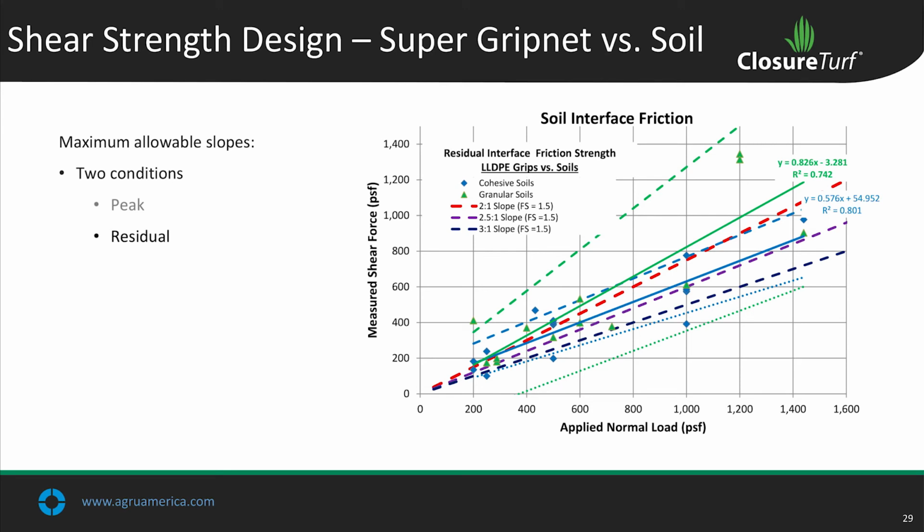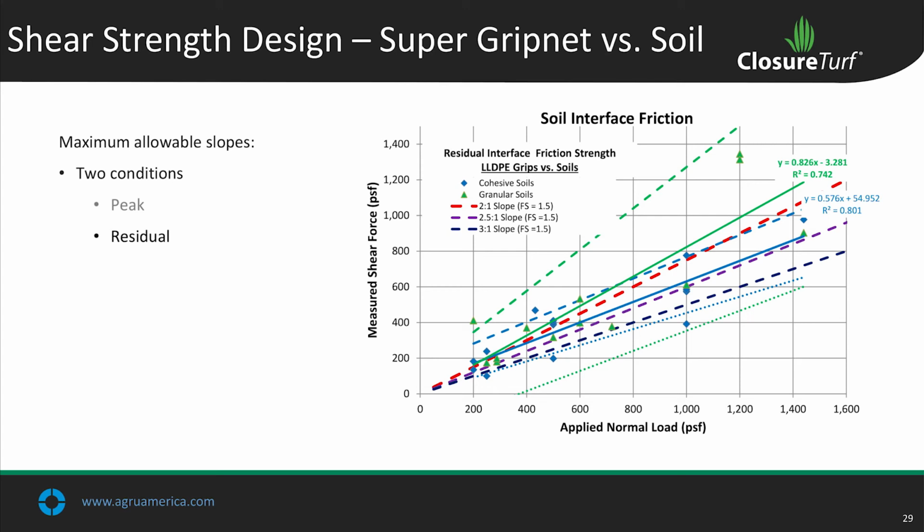So it will just channel through the clay and lose some of this shear strength. These are still really high shear coefficients here. We got 0.65 residual and 0.90 peak for granular soil. So these are still very good shear strengths for both cohesive and granular soils.